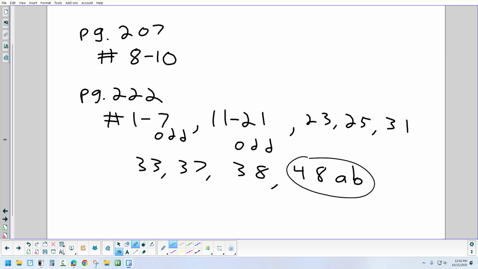I think everything else looks fine. Okay, so 8 through 10, that's just a couple graphing ones that you have to find intersects for on the calculator. Those are quick. And then page 222, just odds on 1 through 7 and 11 through 21. And 48 we're going to do together tomorrow.